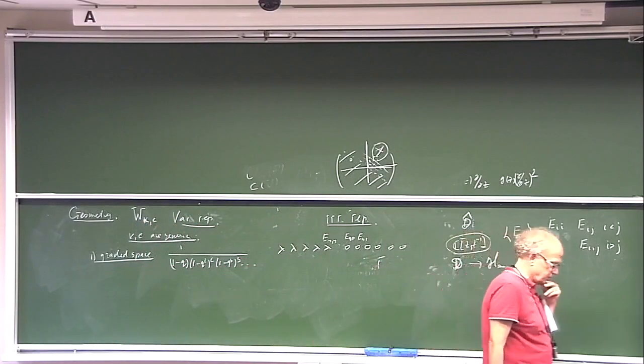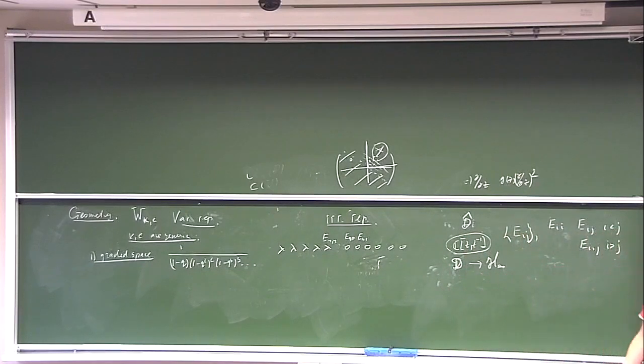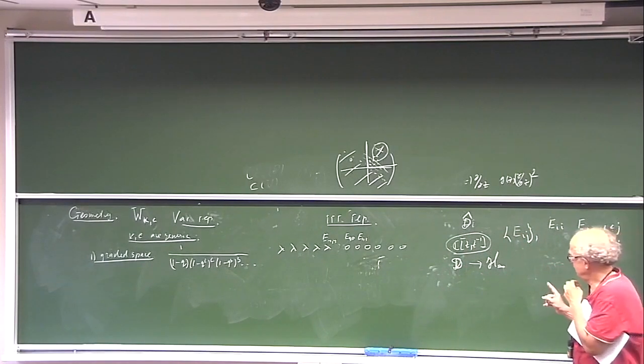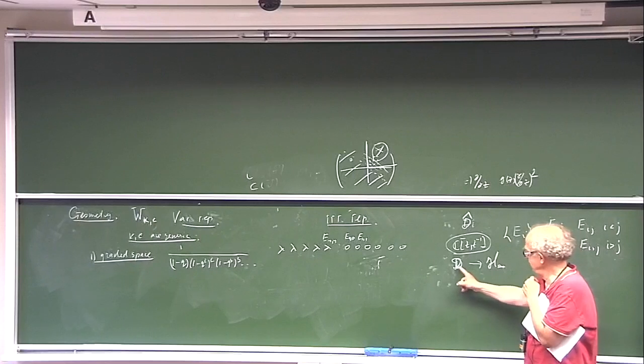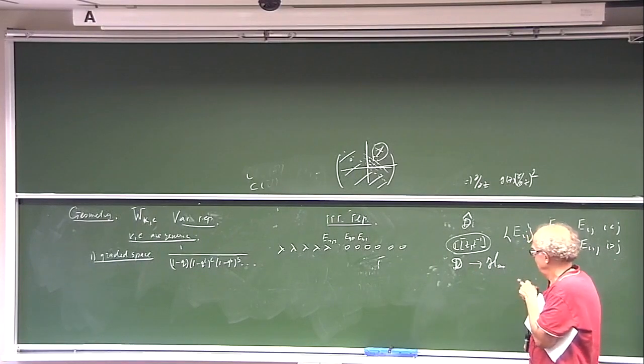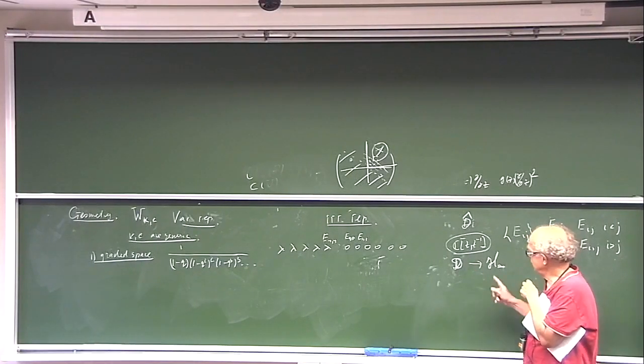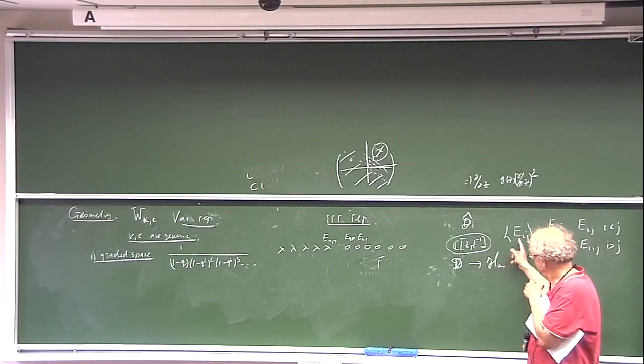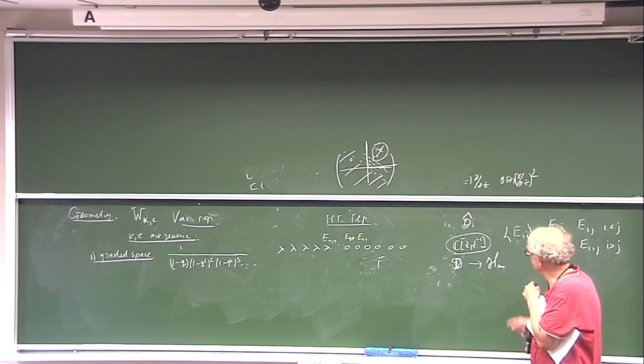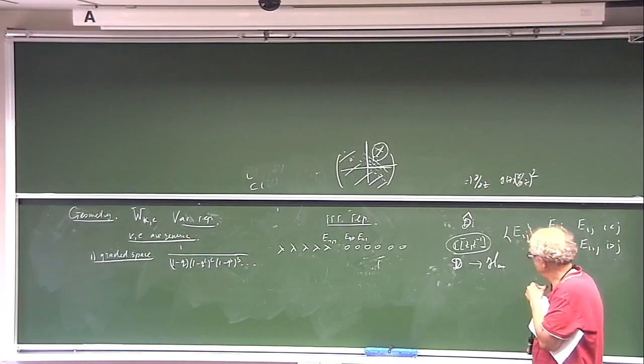But anyway, what is going on now? The algebra D is embedded here, but actually not exactly here, since a differential operator goes to an infinite combination of these Eij.